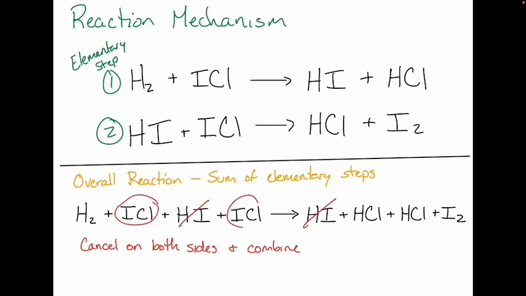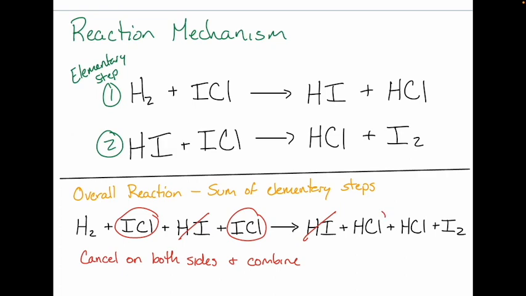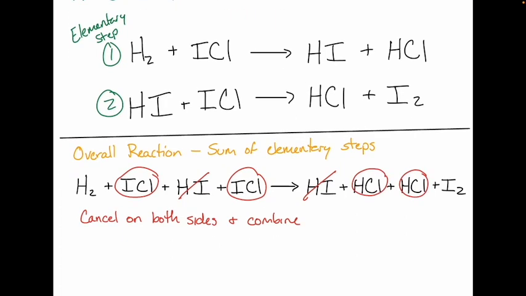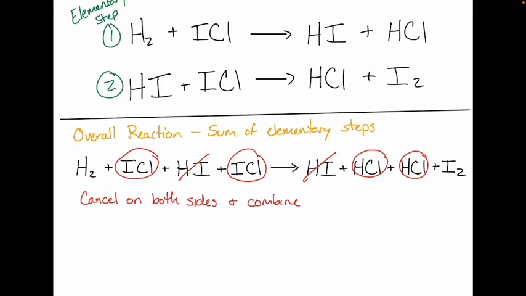Likewise, I have two ICls on my reactant side. I can combine them with that coefficient of 2. And two HCls on my product side, I can combine them. All right, so what I'm left with is H2 plus 2 ICl gives me 2 HCl and I2.